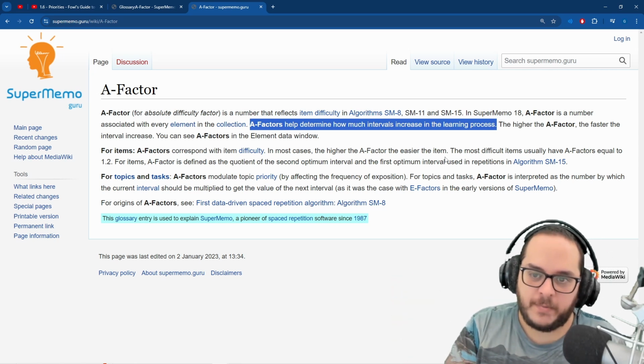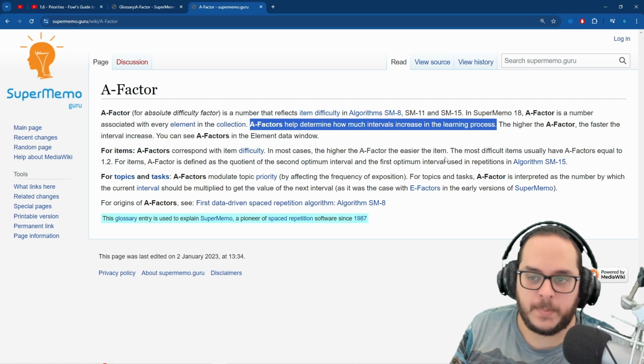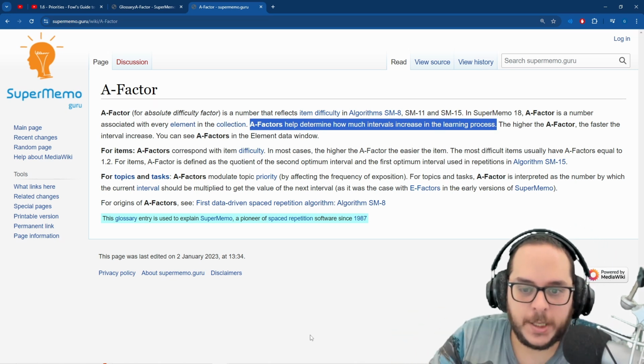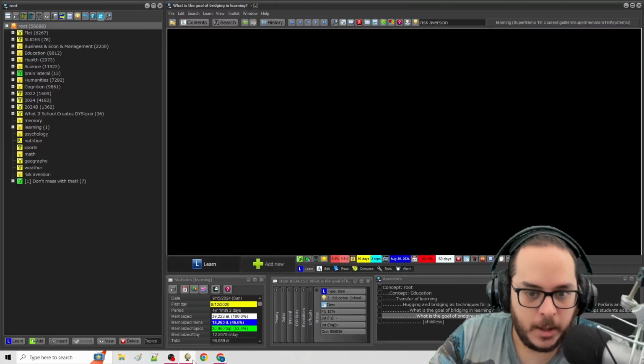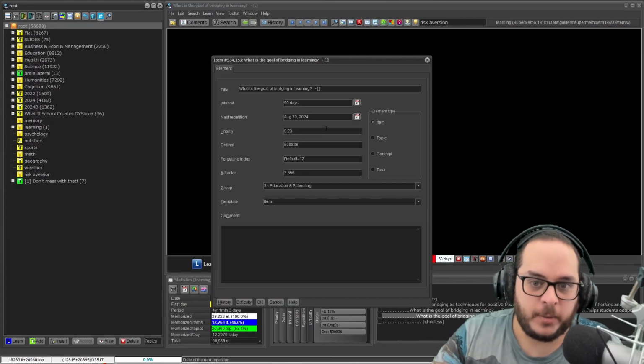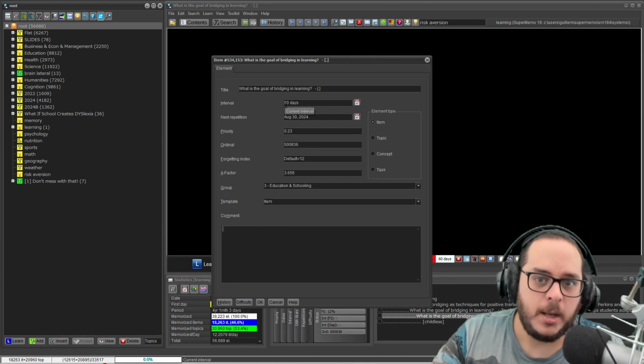Then I have 25, I succeeded, multiply this by 2.5, and repeat this over and over again. So that means that in Supermemo, if I had, let me check in this case, 3.6, it will be multiplied. So if it's 90 days, it will be 3.6 times 90 days.